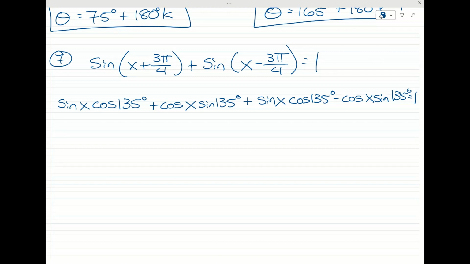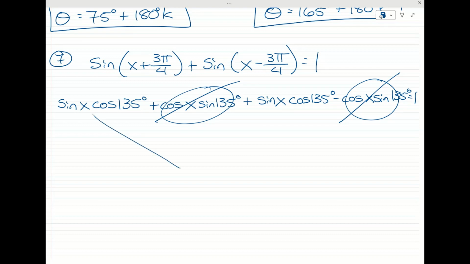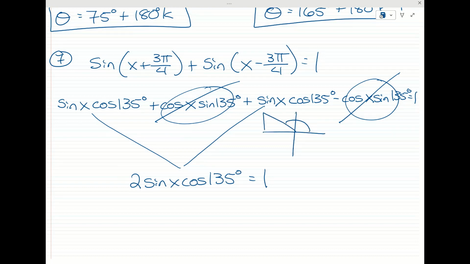So let's see. This term and this term look like they cancel. You have a positive cosine sine 135 and a negative. These two we can combine because they're like terms. This is 2 times the sine of x cosine of 135 is equal to 1. 135 gives us a reference angle of 45 degrees.